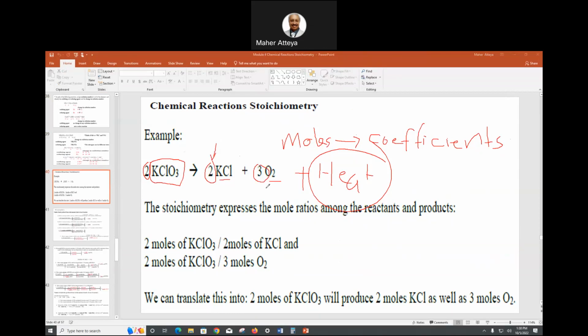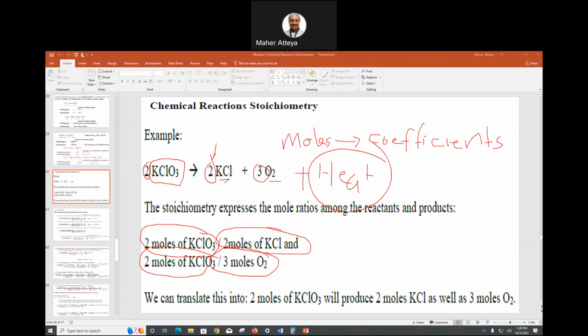So this is the ratio here. I have 2 moles of the reactant, potassium chlorate, to 2 moles of potassium chloride. I have 2 moles of reactant chlorate, correct, to 3 moles of oxygen, correct? I can relate the reactants to the products. I can relate products to the products, correct? I can relate reactants to reactants.